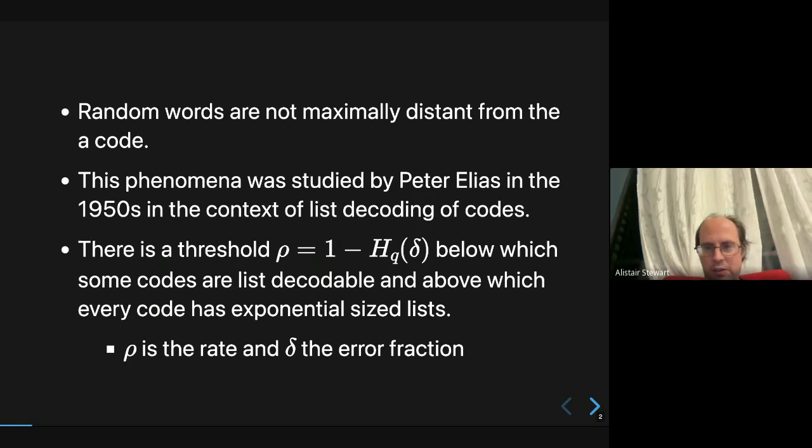There is a result by Peter Elias in the 1950s, there is some threshold which is below capacity, below which there are some codes that are list decodable, and researchers added more things to this. The original example is a random code that's not even a linear code, so it doesn't even make sense to do correlated agreement. And above this bound, everything has an exponentially sized list.